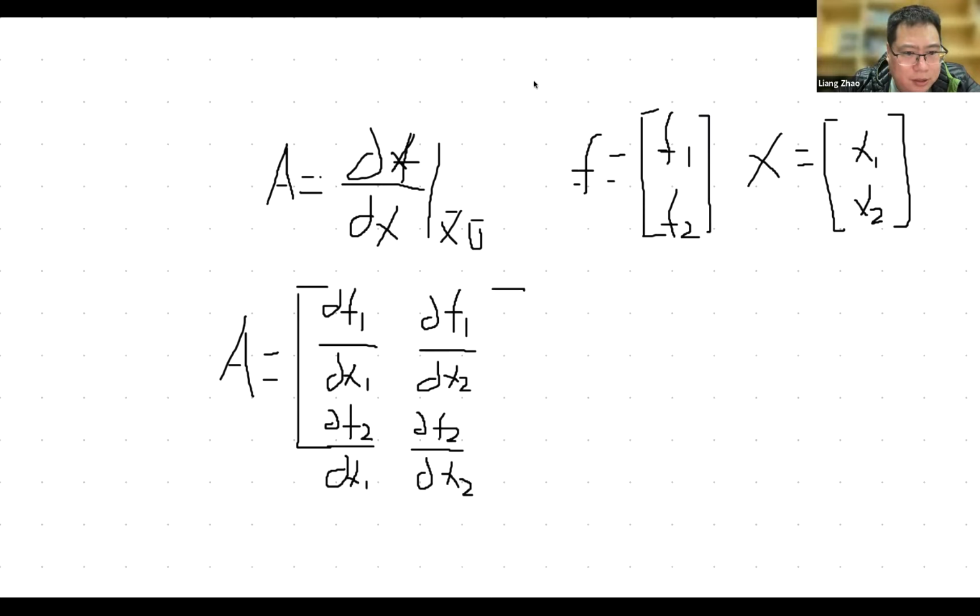All right, so it's a 2 by 2, right? The first element is row F1, row X1. The second on the first row is still row F1 and row X2. And then row F2, row X1, row F2, row X2. That makes things clear, I believe, right?